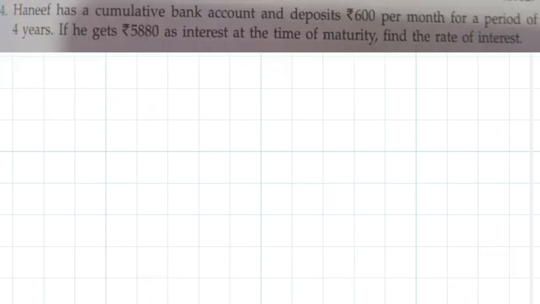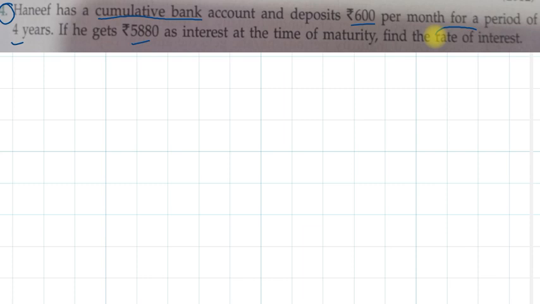Question number 4. So Hanif has a cumulative bank account. I have told you cumulative bank is RD account, and deposits rupees 600 per month for a period of 4 years. If he gets rupees 5880 as interest at the time of maturity, find the rate of interest. Now we have to find here our rate of interest.